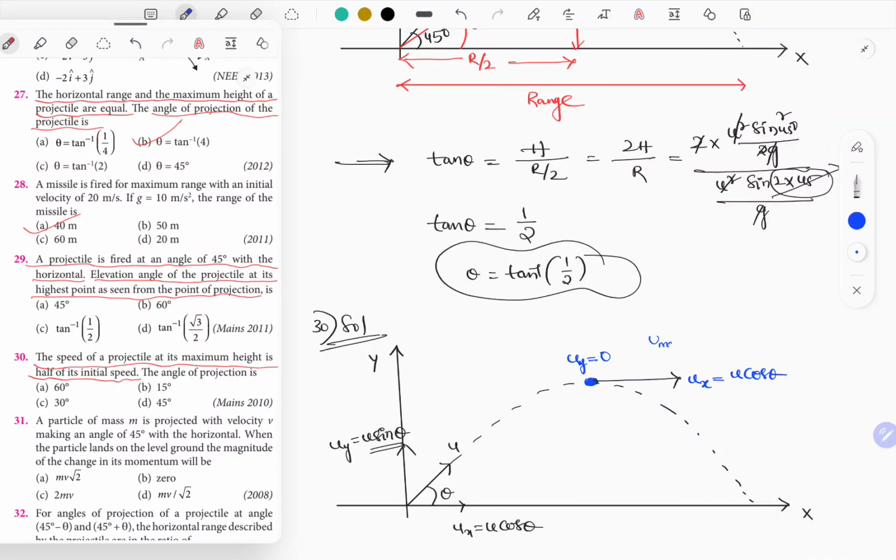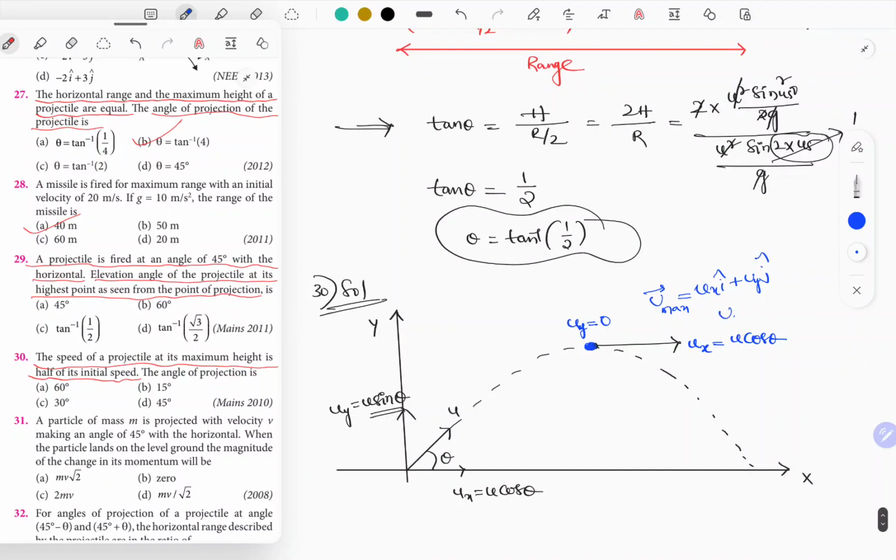So speed at maximum height is ux i cap plus uy j cap, magnitude of velocity. Actually this is not speed, it is velocity at maximum height. Now I need speed at maximum height. Speed at maximum height is nothing but, here uy is equal to 0, then root of ux square, the square root will get cancelled, which is equal to ux.